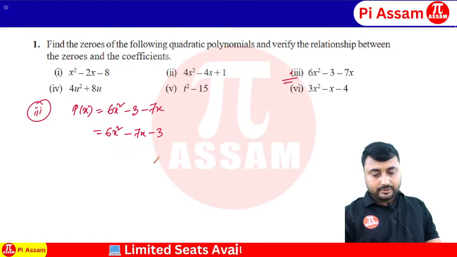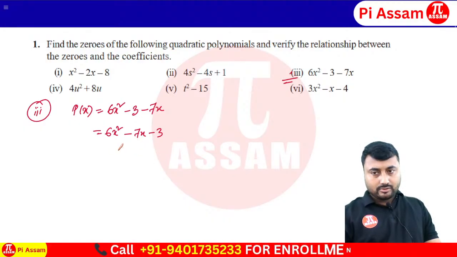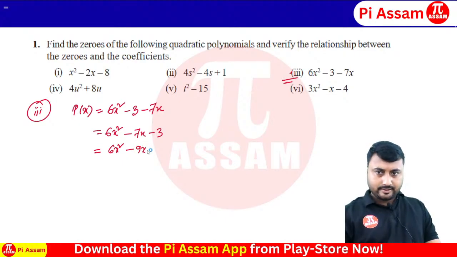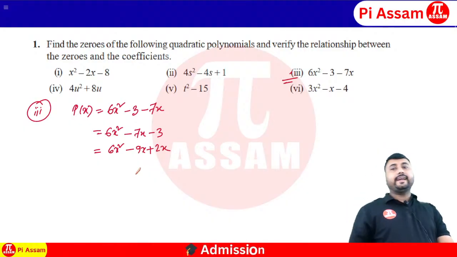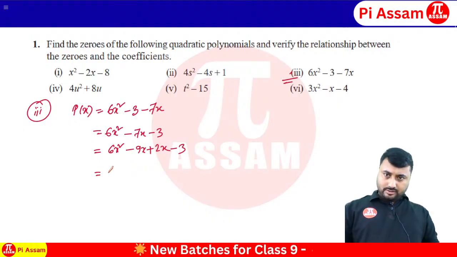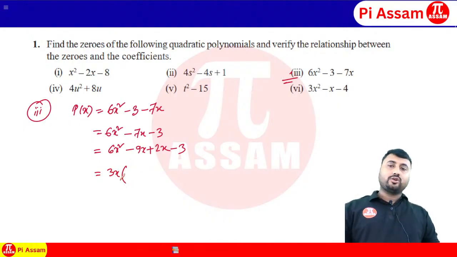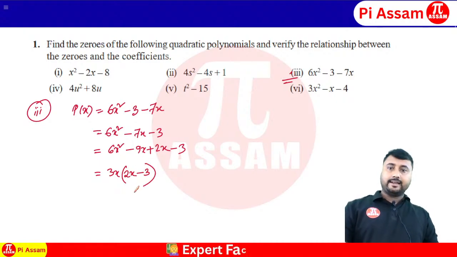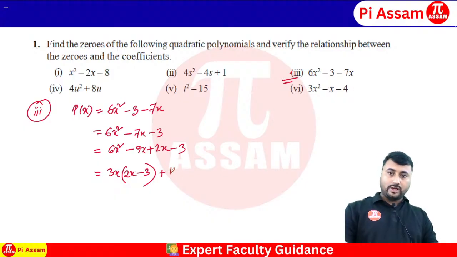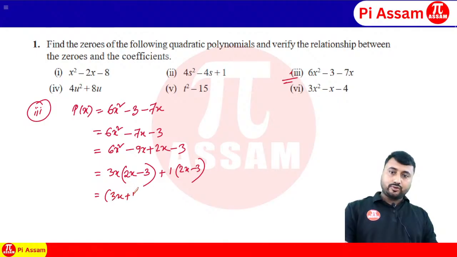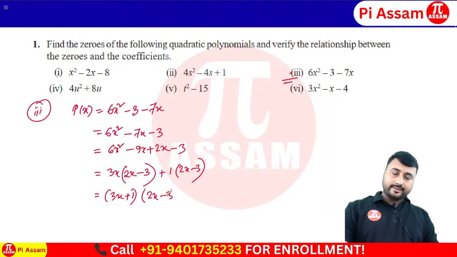Okay, so this one 6x square minus 9x plus 2x, since 6 3s are 18 and 9 2s are 18. So this will be minus 3. So 3x is common: 3x into 2x minus 3 plus 1 into 2x minus 3, which is equal to 3x plus 1 whole into 2x minus 3.